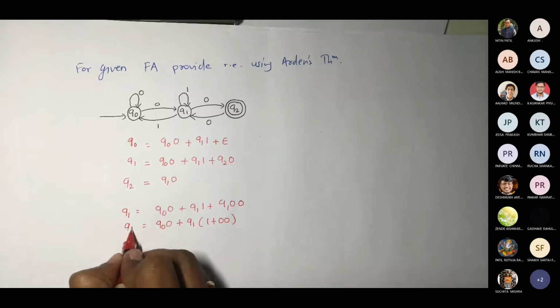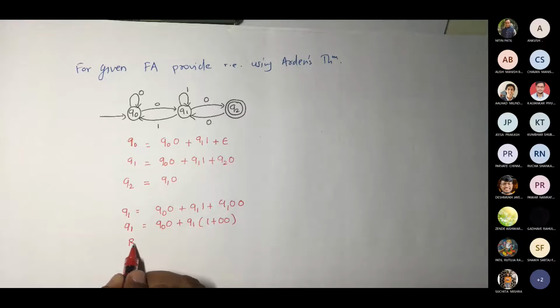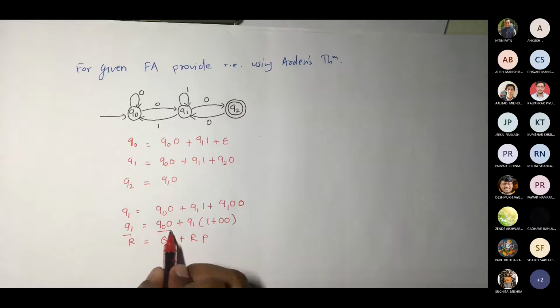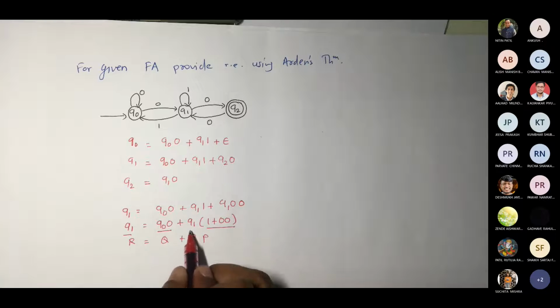Now if you see, this is in the same form, R equal to Q plus RP. In this case, this is R, this is Q, this is P, and this is Q1.